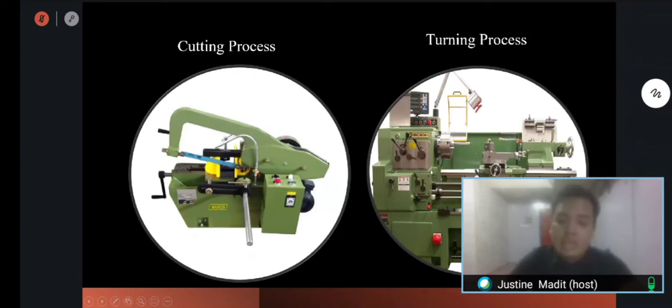And remember all your mess, the scrap that you have in here, get that after you finish the turning process.